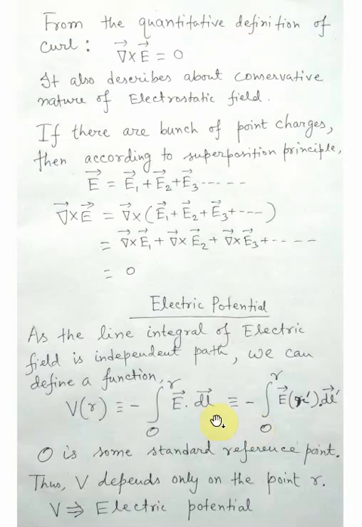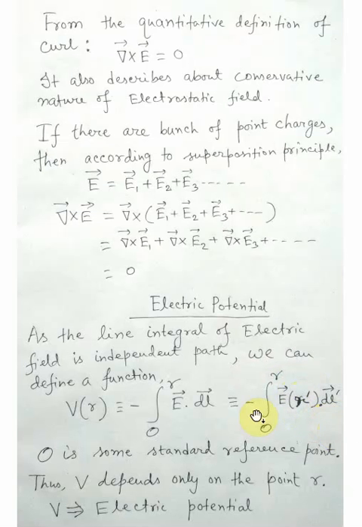Okay, now this is E dot dl. Precisely, one should write this as E(r') dot dl'. You know that the primed coordinate we discussed is for the source point, and the unprimed coordinate is for the field point. So when we want to calculate this type of integral, we shall put the primes.